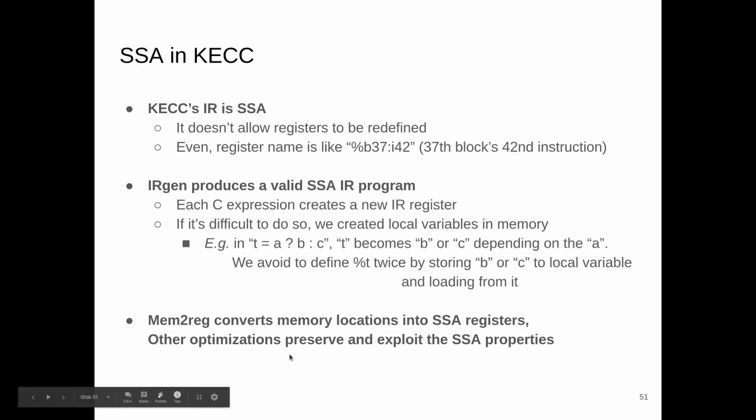We are going to discuss other kinds of optimizations as well, for example global value numbering and dead code elimination. So SSA is extensively used in KECC, as we discussed. It is baked in KECC's IR, and IRGen guarantees that only SSA programs are generated, and optimizations recognize SSA registers and exploit their properties.